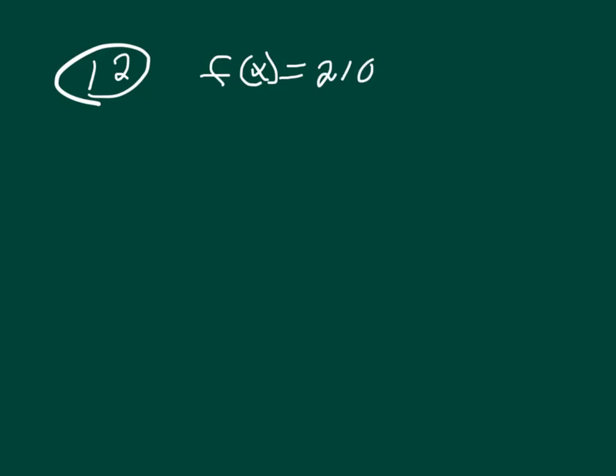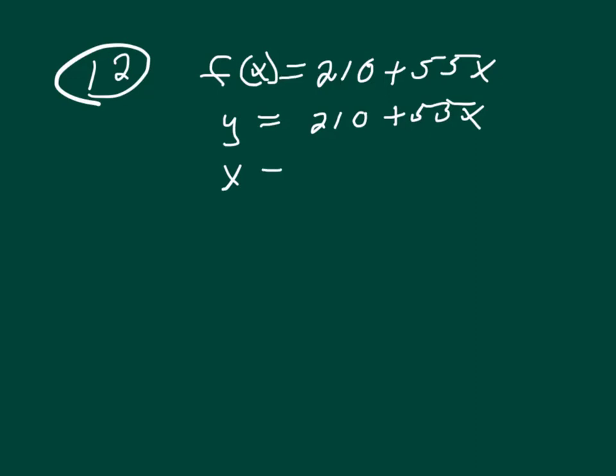Okay, guys, let's go ahead and take a look at problem number 12. So we have f of x equal to 210 plus 55x. Replacing the f of x with the y, 210 plus 55x. Interchange x and y: x is equal to 210 plus 55y. Now we're going to solve for y.